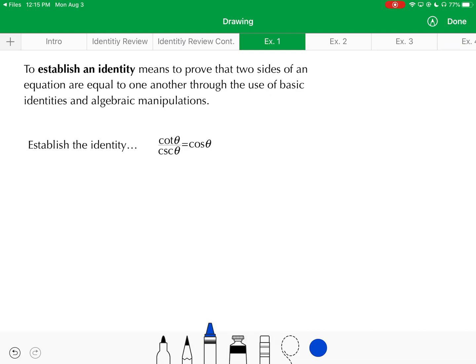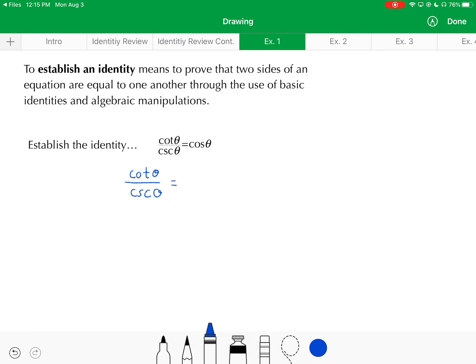So I'm going to start with cotangent of theta over cosecant of theta, all right? And I'm going to manipulate it so that it simplifies to cosine of theta, okay?